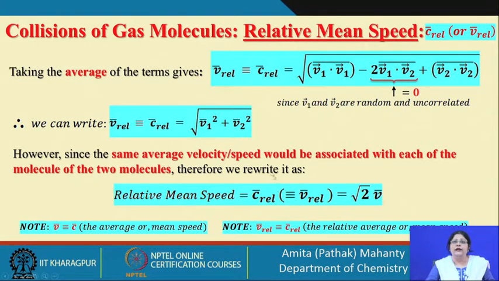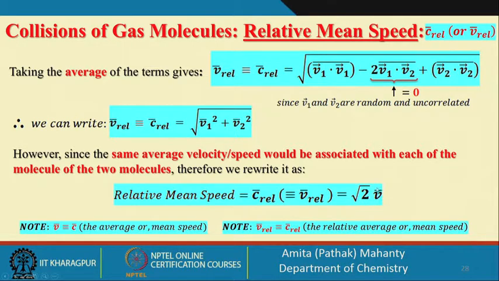So, if we do that, then you have twice v1 square, or v2 square, and we just call it v, that means the average speed. So, if they are all moving with the average speed v, then the relative mean velocity is nothing but the square root of 2 times the mean velocity.